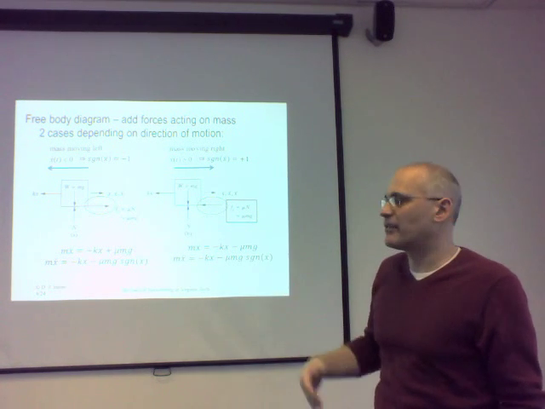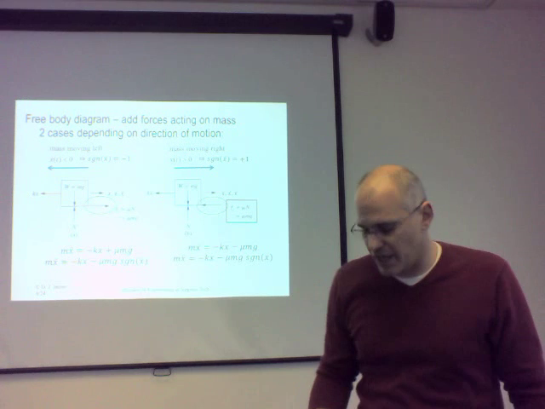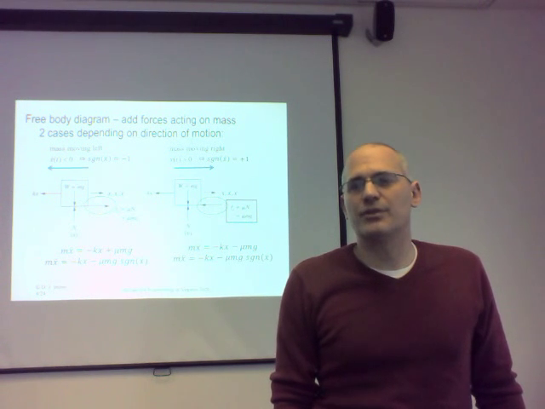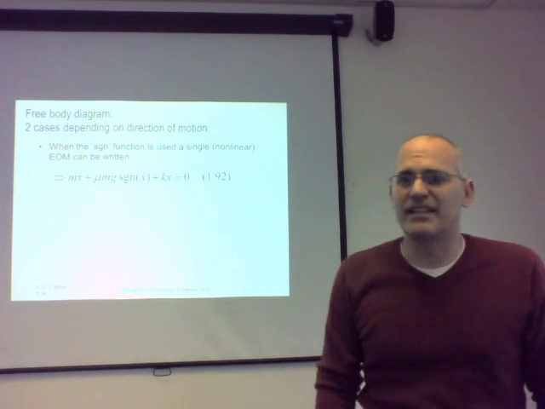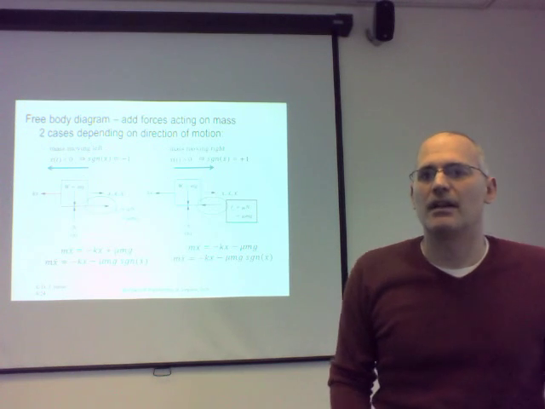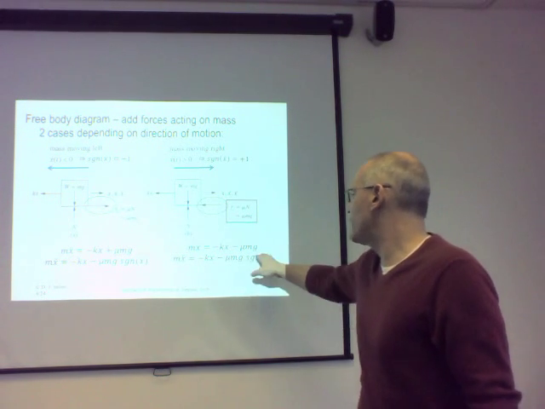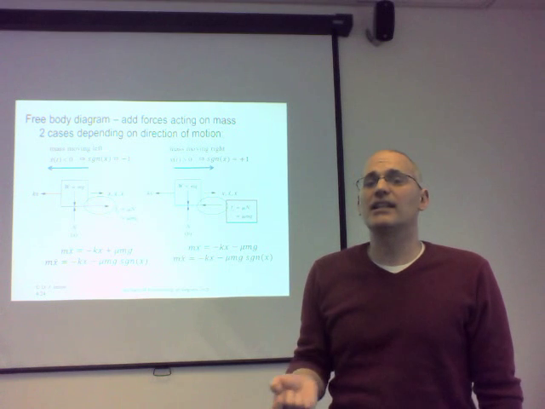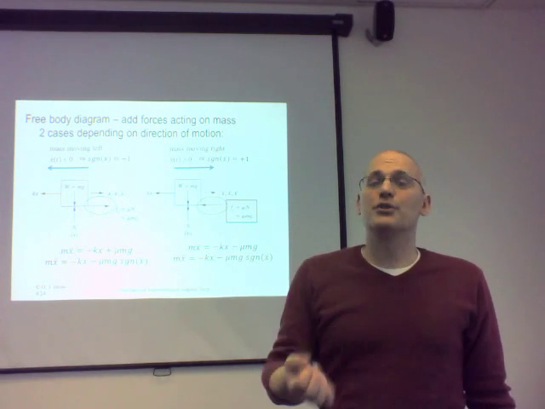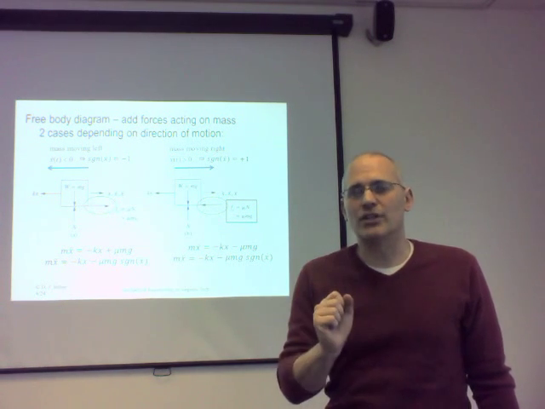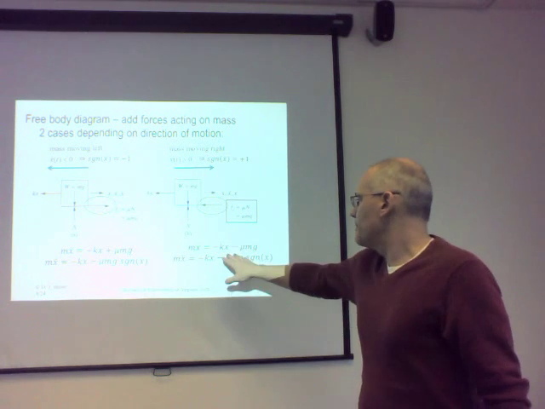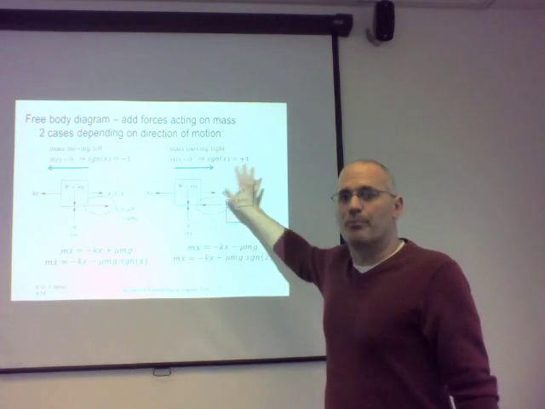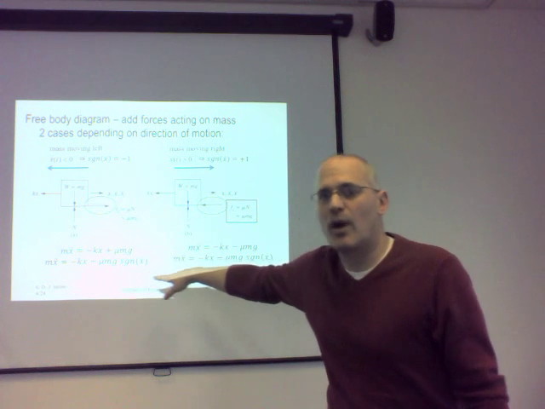Now, what do we have? If we look at these two bottom equations, because we've introduced this sign function, which is nonlinear, we're able to write the equation of motion for both these cases as the same equation.